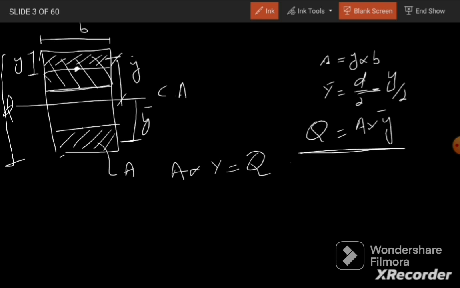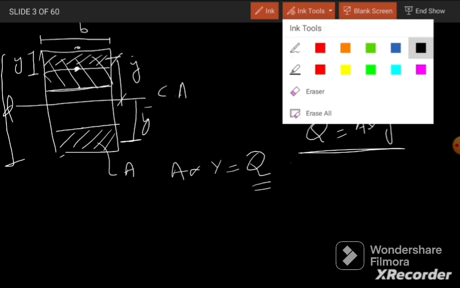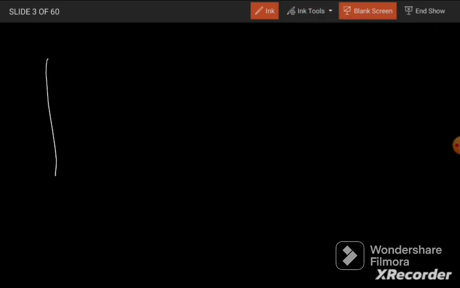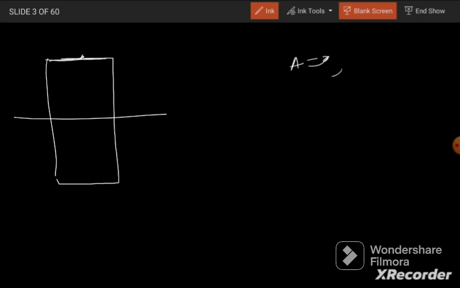If we consider a point at the extreme fiber, I will make this figure again. If we take the point at this extreme fiber, our A will be equal to 0. As a result, our Q will also be 0.